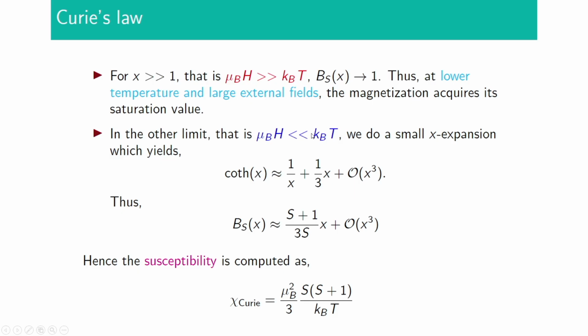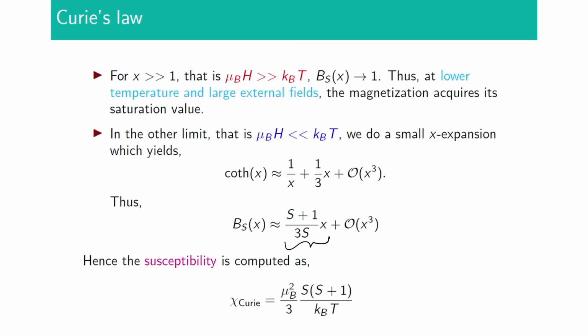In the other limit, when the temperature is high, the magnetic energy is much lower compared to the temperature. We can do a small x expansion of this Brillouin function, which yields the form (S plus 1) divided by 3S, into x.